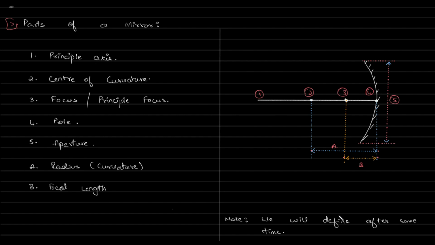So the exact definitions, right? I have defined some of it, but quite a few I have not defined per se. So we'll define everything in some time. So let's not memorize anything over here. Let's just try to understand where is what. Okay. So these are the names and this is how it looks.